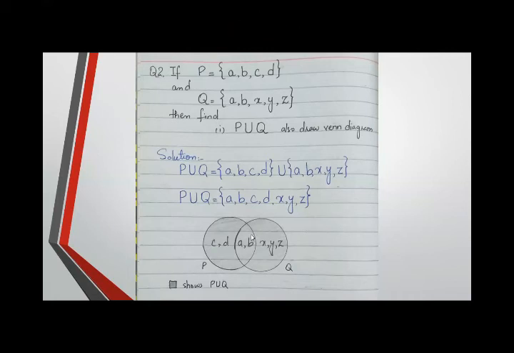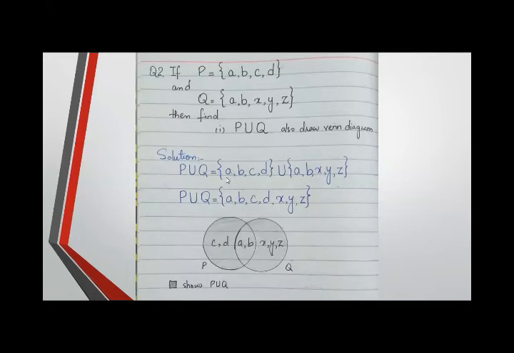Okay, again the Venn diagram for the overlapping sets is drawn similar to what I told you before. The first circle is for set P, in which A, B, C, D are involved. The second circle is for set Q, which has A, B, X, Y, and Z. So first we write the central elements which are common in both sets.